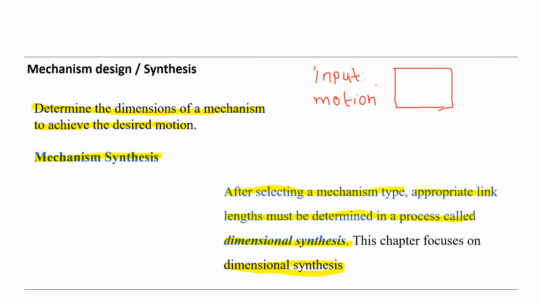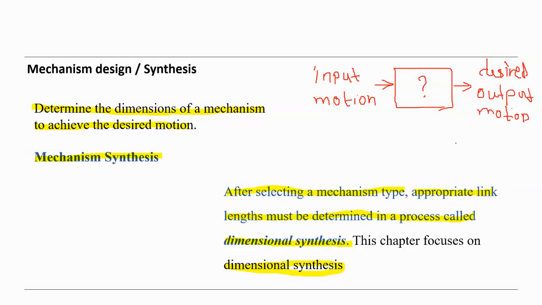Let's say a black box, where the input goes in, and the desired output motion comes out. Output motion. So this is a question mark, huh? So, question mark. So input motion, okay.